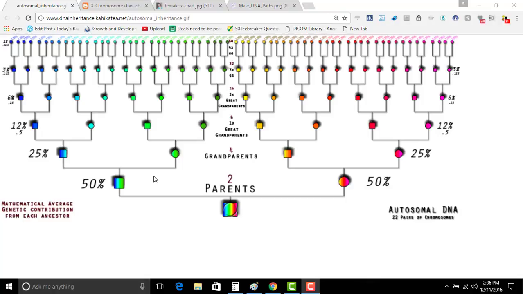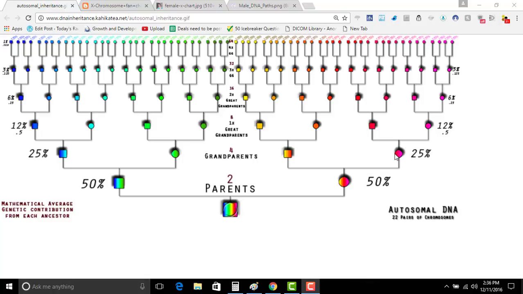Okay, so here is your 100% in one generation. Here is your 100% in two generations. Your 100% in three, 100% in four, and you just keep on going back. Now, let's just talk about mom's side. So you get 50% from mom.